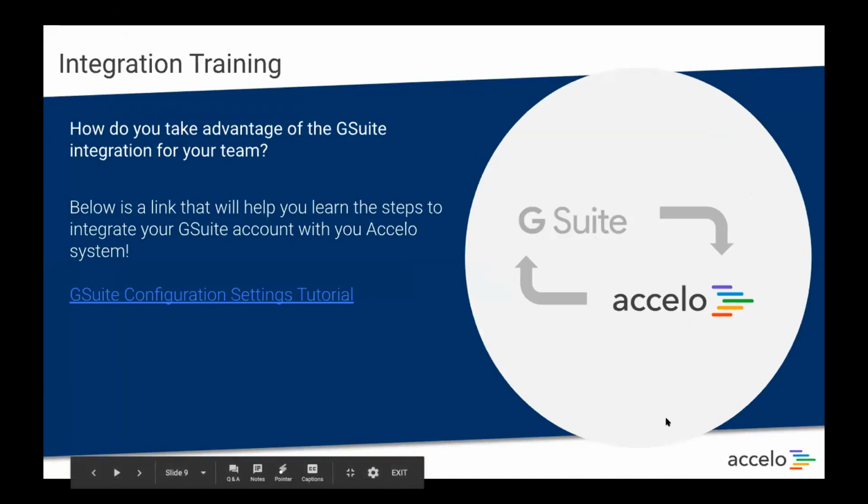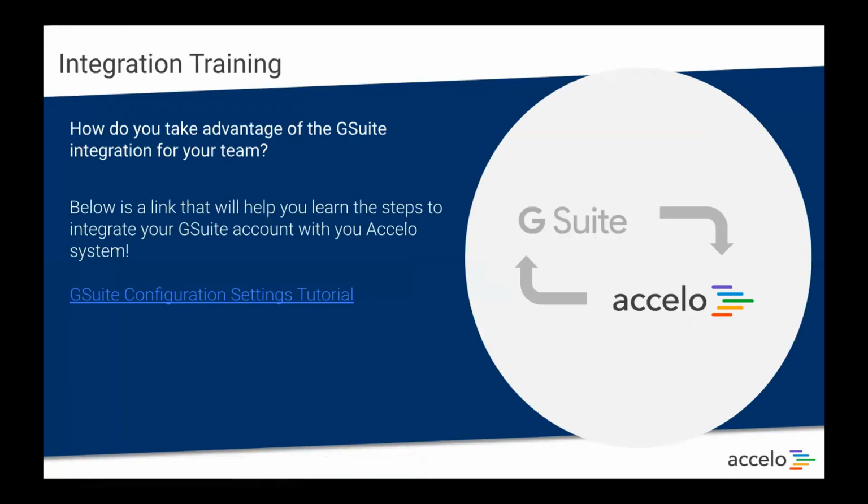So one of the things that we have in our system, and we're going to follow up with everybody who is on today's webinar with some additional information, is a great tutorial that's going to go through the configuration settings for your G Suite within the Accelo system. And we'll help talk you through recommended settings, where people usually choose to pick their settings, and make sure that we get you all of that great information.